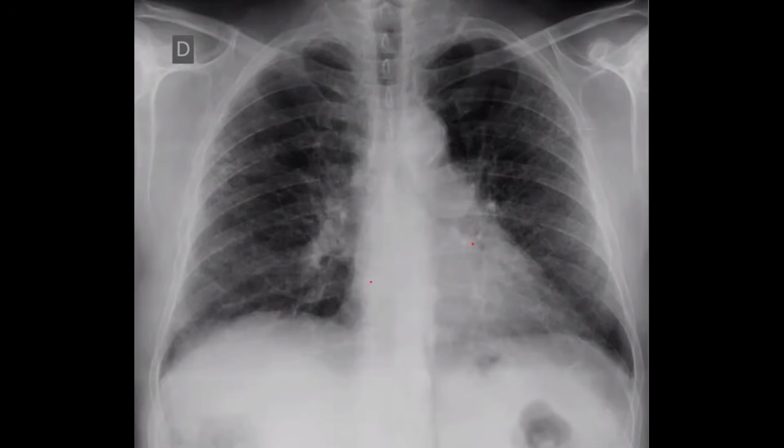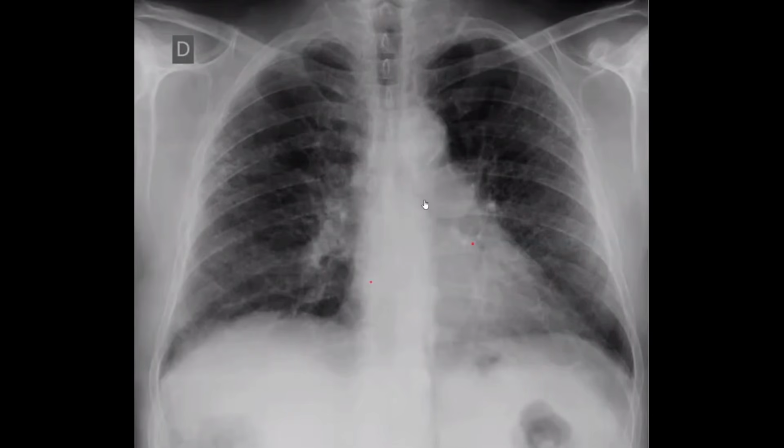Other than that, the heart size appears normal. There is unfolding of the arch of aorta. So you mentioned that we have bilateral cystic spaces with ground glass opacities at the periphery of the lung fields with some reticulations. Yes, and these reticulations are present at the basal lung zones.